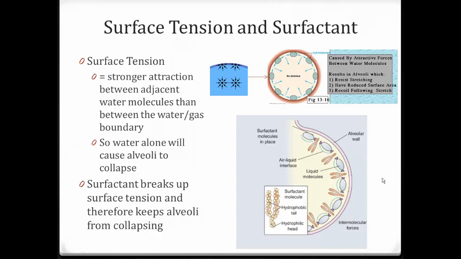So basically the idea is that surfactant keeps the lungs expanded and prevents the surface tension from increasing and causing the alveoli to collapse.